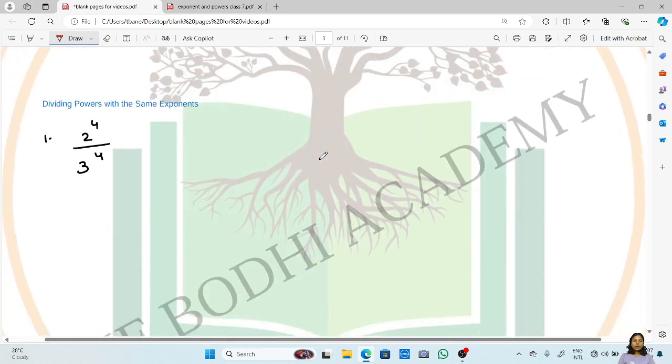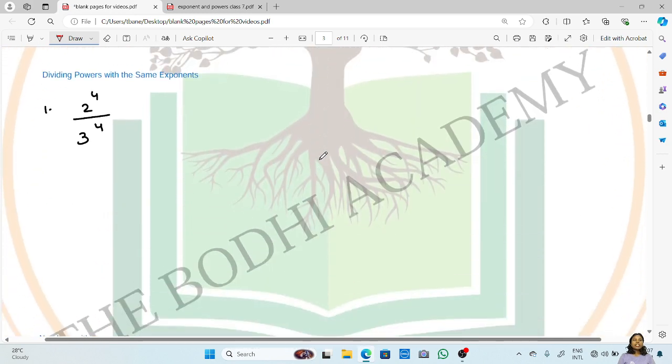Now let's go ahead and see dividing powers with the same exponents. Now here we need to remember that, see here our bases are different. So we'll take a and we'll take b. Say our a is 2 and b is 3, and here we have n and n.